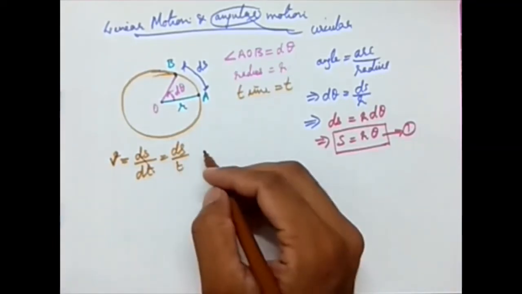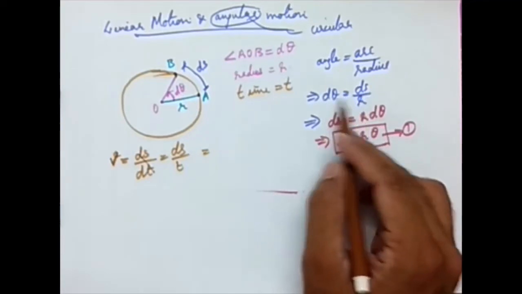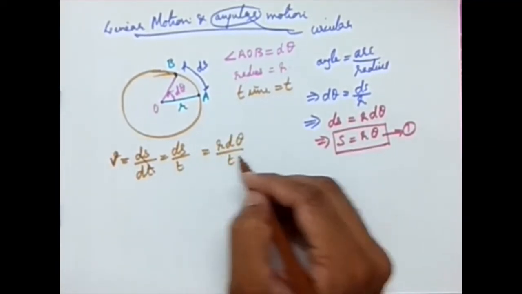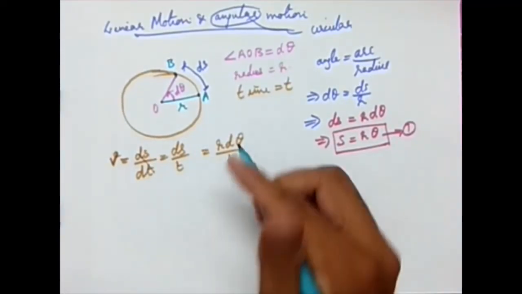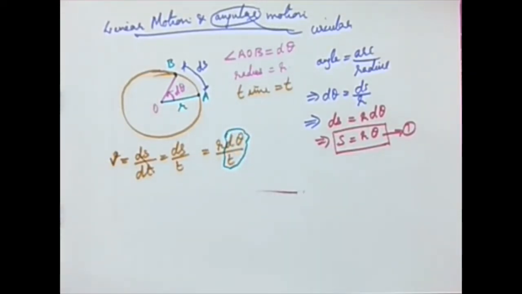Now what is ds? We have already got the value of ds. ds is r d theta, so I can represent this as r d theta by t. Now if I look at this particular parameter, what is it? It is angular displacement divided by time, that is the rate of change of angular displacement. What will be the rate of change of angular displacement?